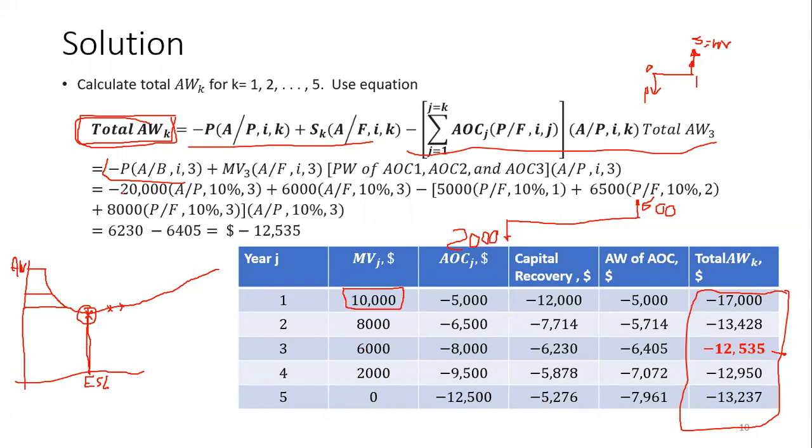So what we are doing right now is changing this to annual cost for 3 years, and the 6,000 is the salvage value for 3 years. This is the market value, 6,000. Okay, and I have three annual costs. I sum them together, but I first transfer them to the present.